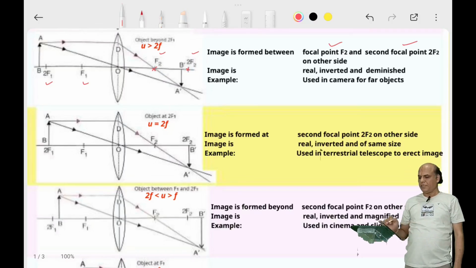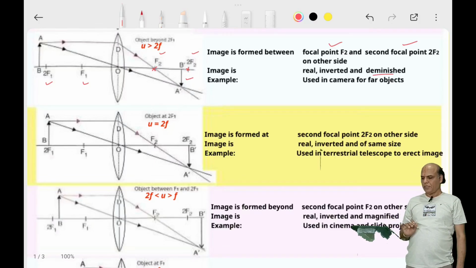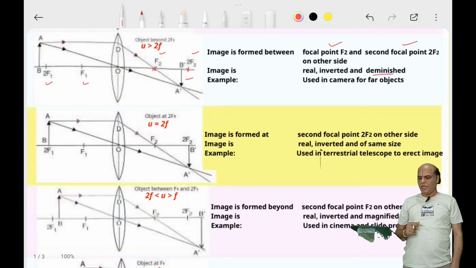So the image is real, inverted, and diminished. Image is smaller than the object. When the distance is greater than the second focal point, an image is formed on the other side of the lens. The object is placed after the second focal point on the left side.